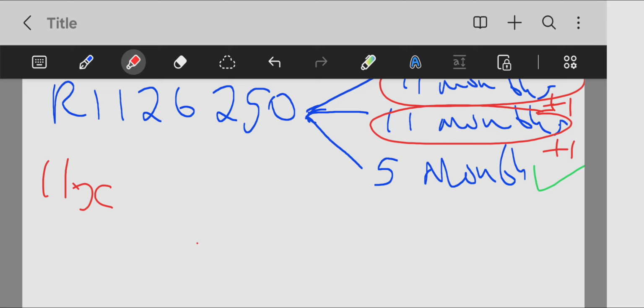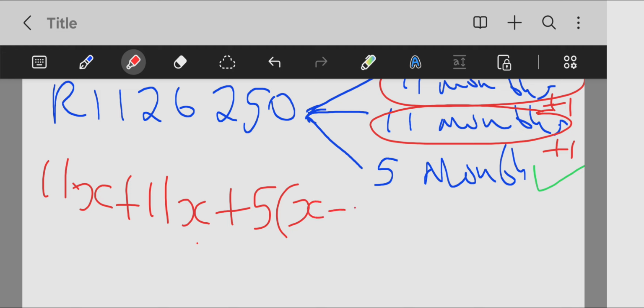For the first director, we paid 11 months of x, an amount that we don't know, plus the second director, we paid 11 months, the very same x amount. For the third director, we paid 5 months, but this one, we have paid him x minus 10% of the very same x.